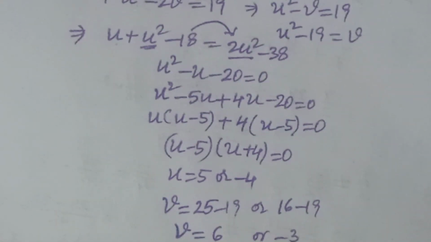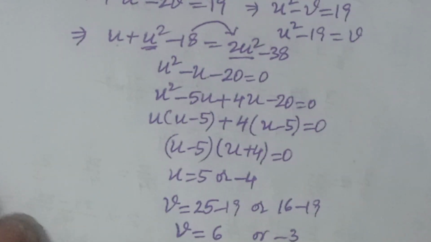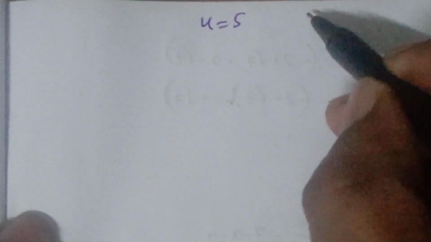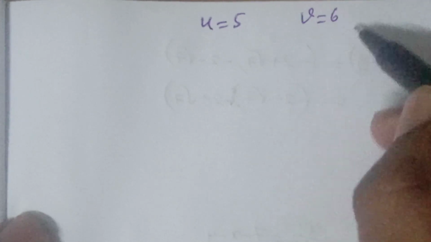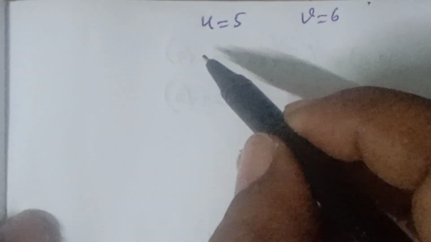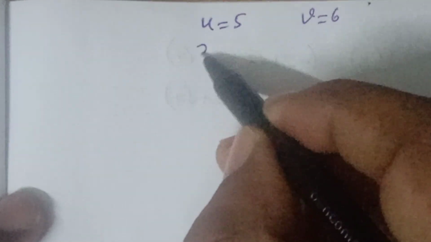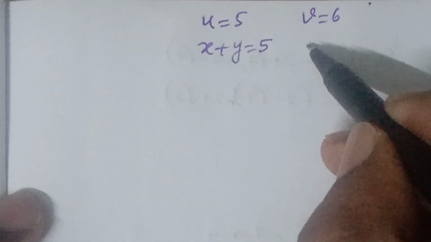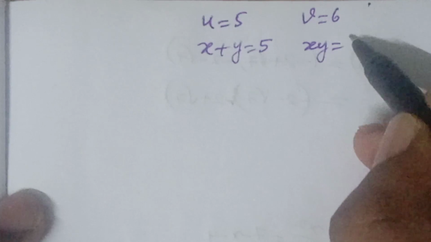So here first one I will take u value 5 and v value 6. This is the first case. So u value means x plus y is equal to 5, and xy is equal to 6.